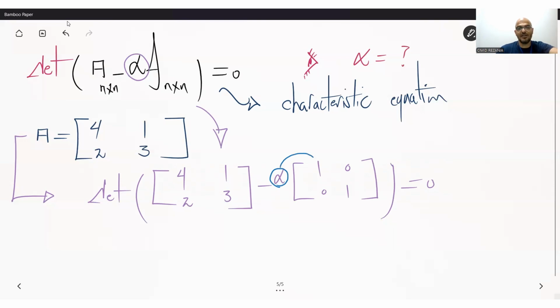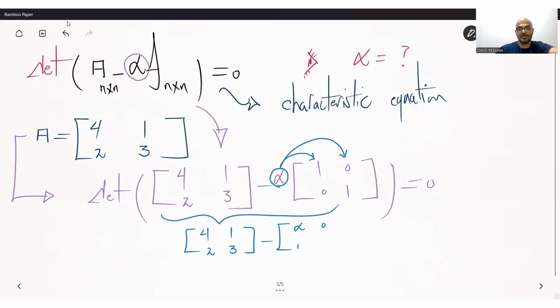Alpha multiplies 1, alpha multiplies 0. Then this becomes the matrix 4, 1, 2, 3, minus the matrix alpha, 0, 0, alpha. Am I right? Right.